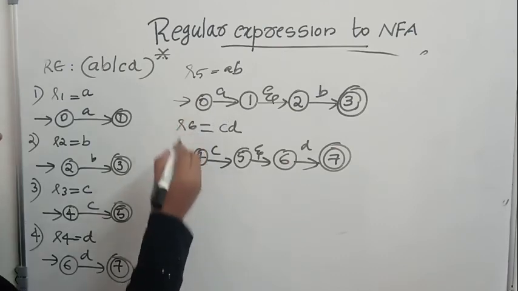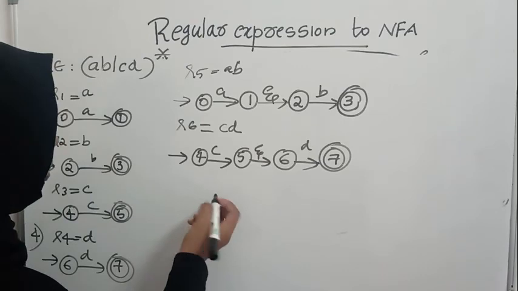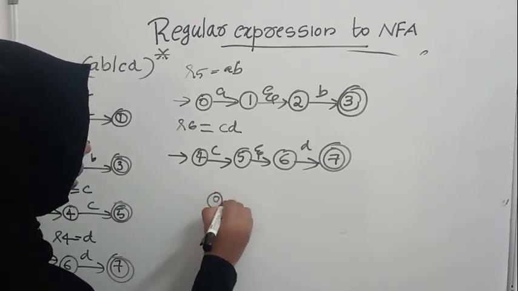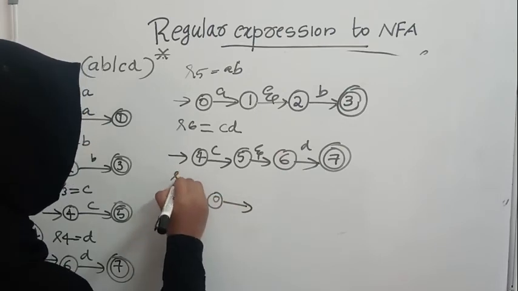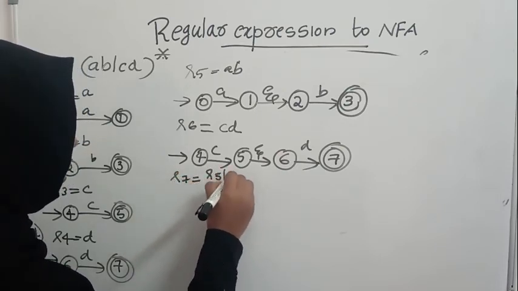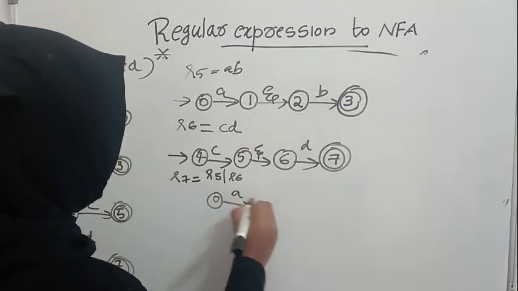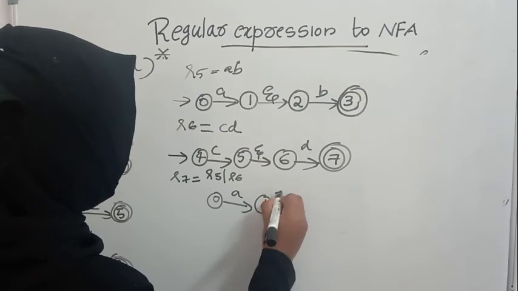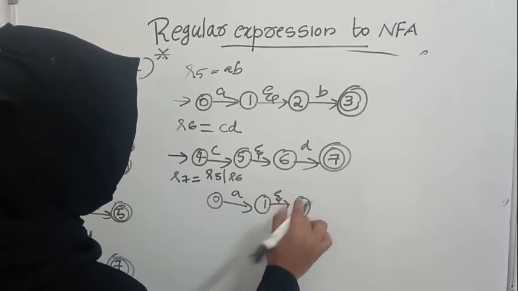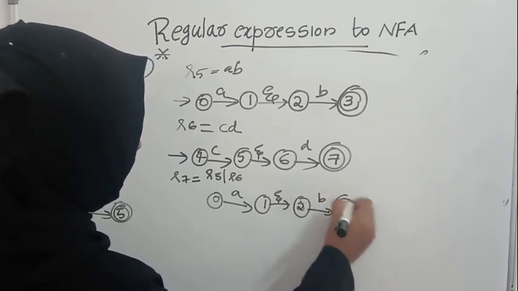Now you have to take OR on them. So for taking OR, that is R7 is equal to R5 or R6. The NFA for R5 should be drawn first: 0, A, 1, epsilon, 2, B, 3.